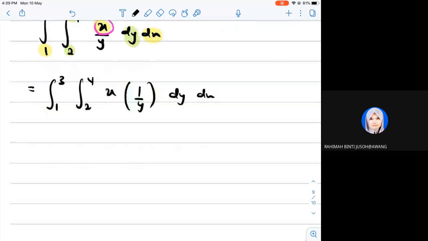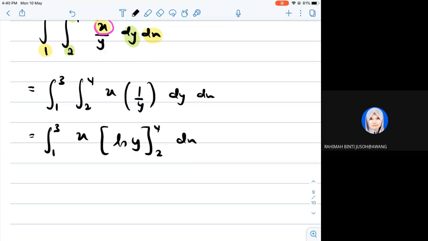When we integrate 1 over y, we will get ln y. So x, from 1 until 3, stays and we have ln y. Substitute 2 and 4.